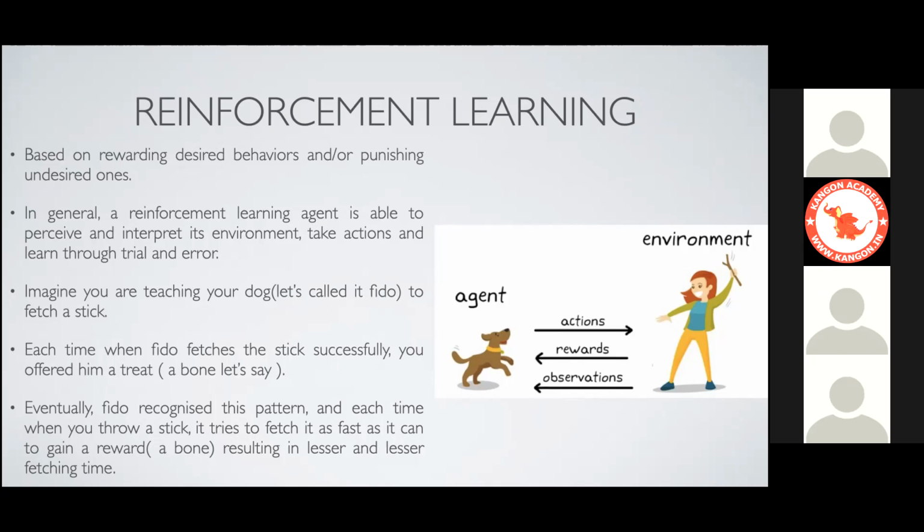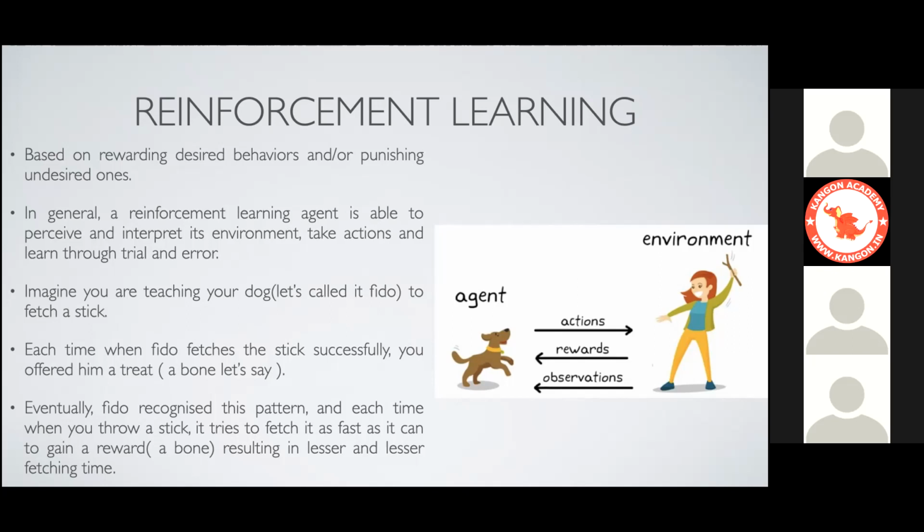The pedigree is the reward. The whole task is to pick up the newspaper and bring it to you. The action is to go to the place where the newspaper is kept, take the newspaper and bring it out.